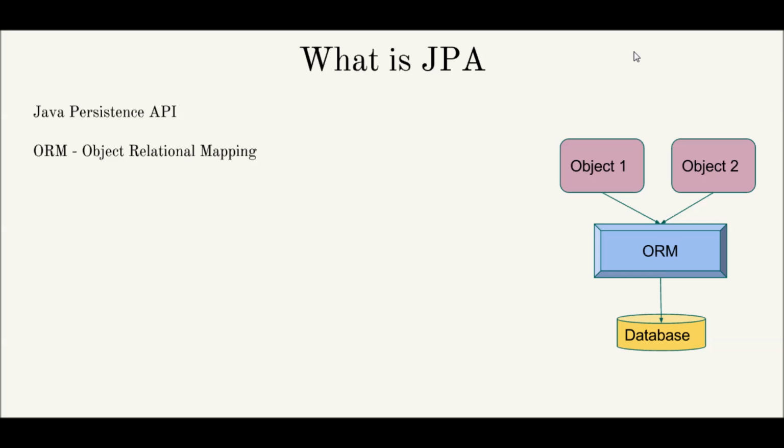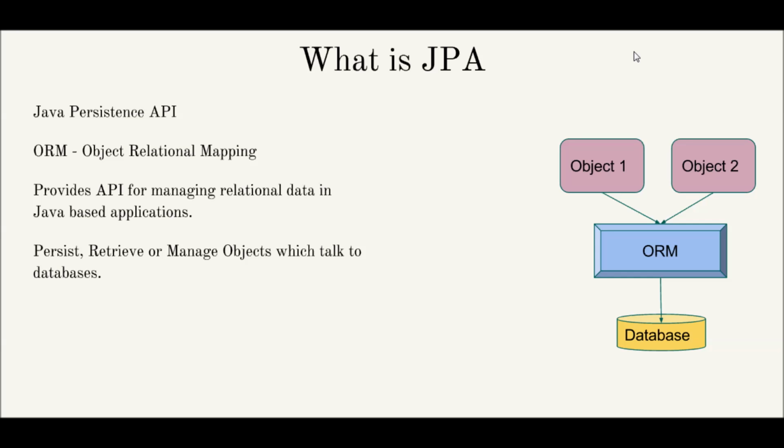ORM is Object Relational Mapping. It's a mapping which allows the mapping of Java objects to rows in the tables. So JPA provides API for managing relational data in Java-based applications.